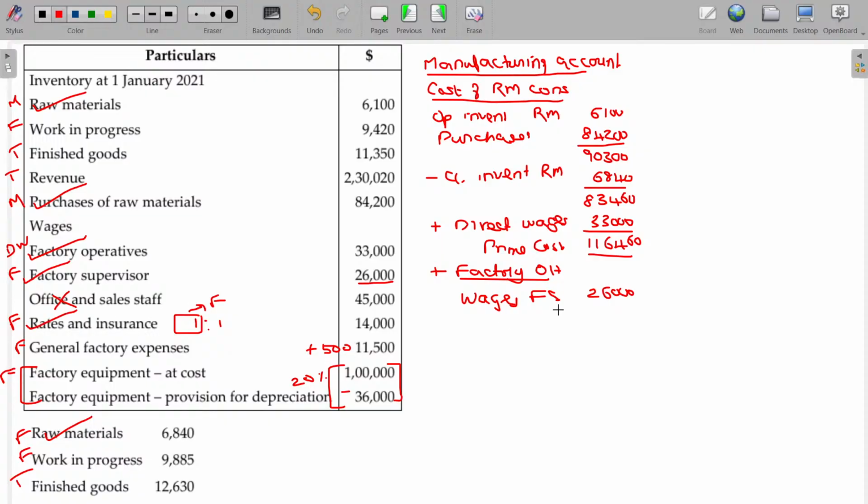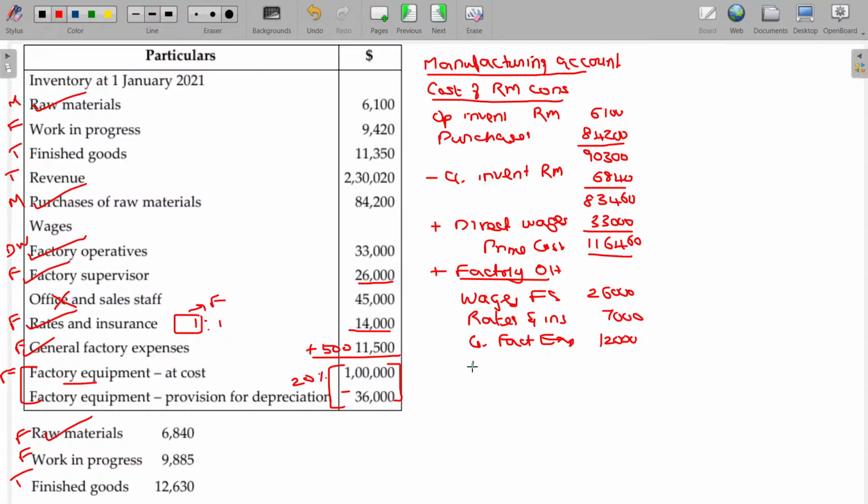And rates and insurance. Out of 14, half will be taken, 7,000. General factory expenses 11,500. With that 500 should be added, so 12,000.